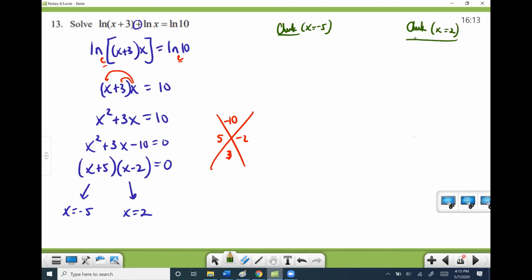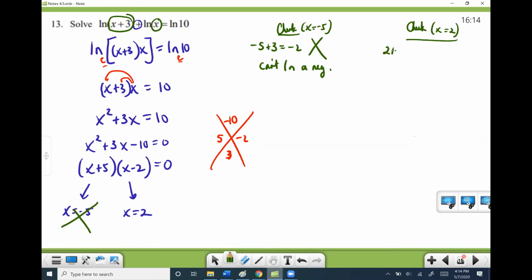Okay. So I'm going to plug -5 into x plus 3 right here. So when I do that, that gets me -2. I'm already done, right? He's out. Can't have negatives. Can't natural log a negative. Okay. So let's cross off -5. Now let's try 2. And don't forget, you got to plug them into both of them, you guys.